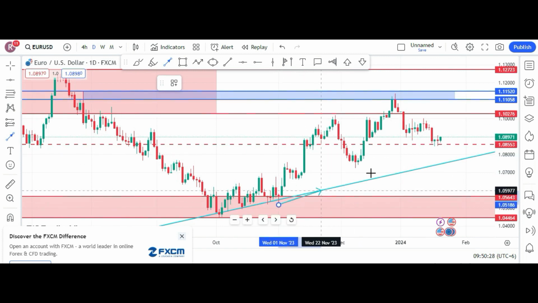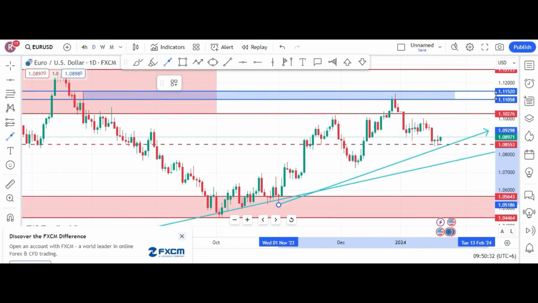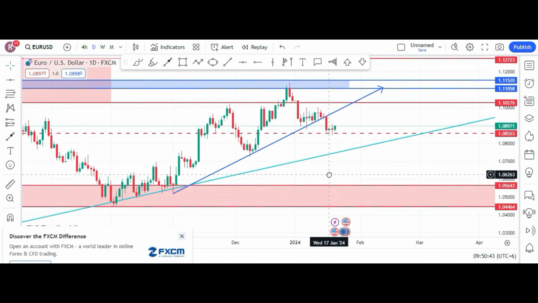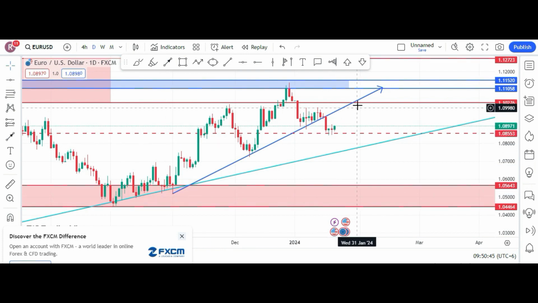So let's draw the daily trend line. One red, one green, the minimum we need. Okay, and if we mark it, now you guys can see that the daily trend line has been broken. This is one major thing that happened. Okay guys, but there is a difference of opinion.